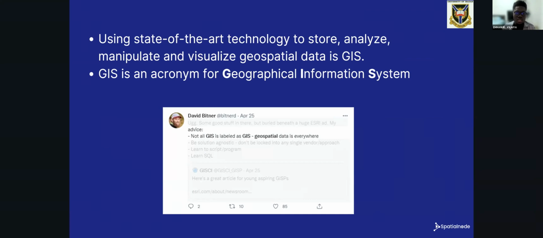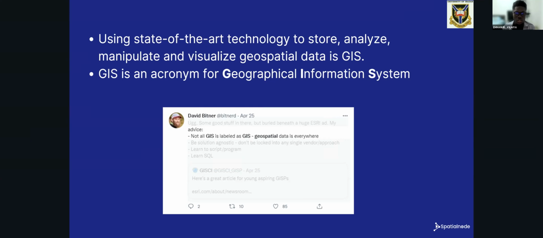GIS is not a standalone thing. It combines the use of technology, which can be in the form of GIS software, to store data. When you're storing something, you start thinking of databases or different data formats, like the ones I mentioned earlier, GeoJSON, shapefile. Then you have to start thinking of analyzing these datasets, manipulating them, and visualizing them. That's what makes up GIS.